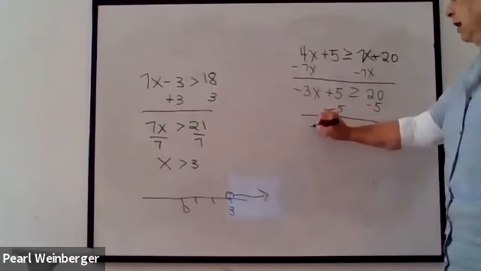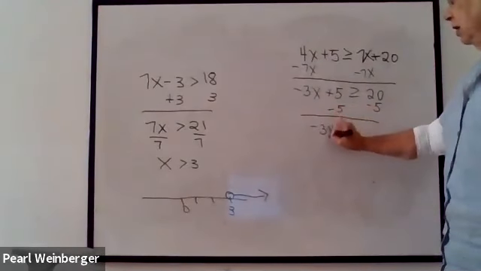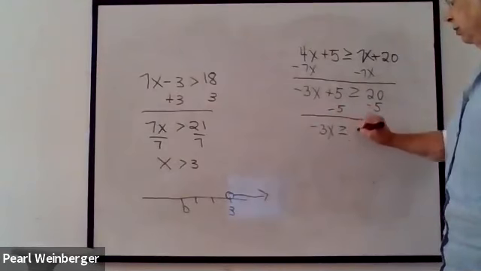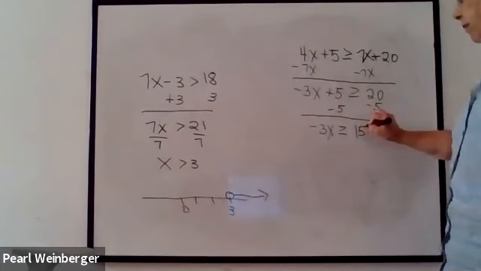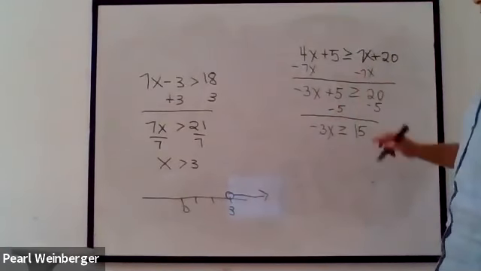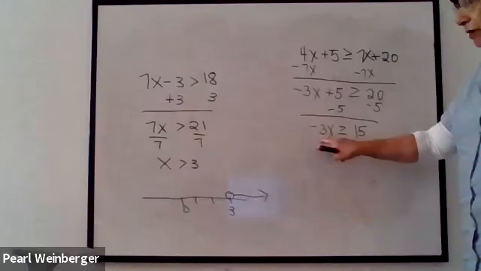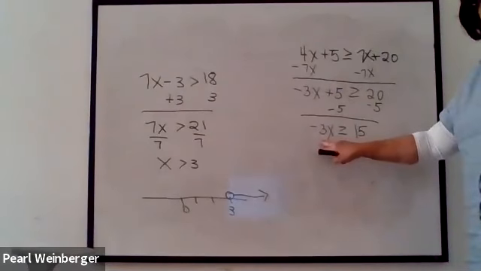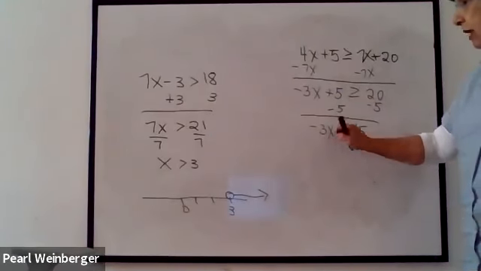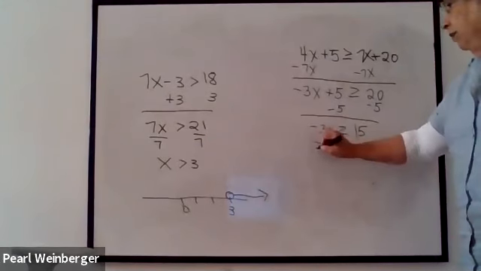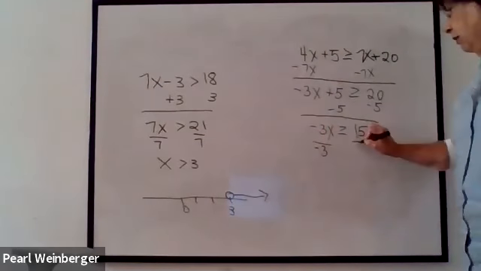That'll give me negative 3x is greater than or equal to 15. Notice I kept the direction of the inequality the same throughout. But now on my last step, I have to divide by the coefficient of the x, which is -3. So I'm dividing both sides by -3.